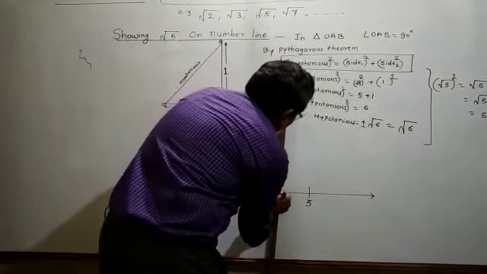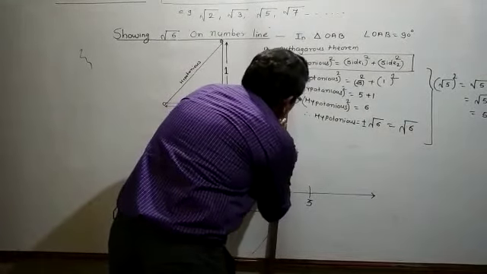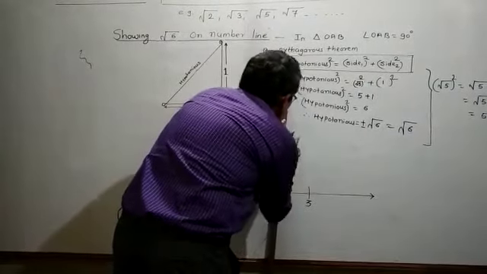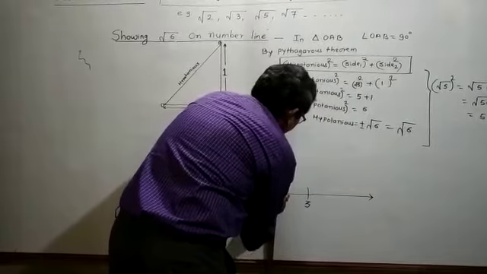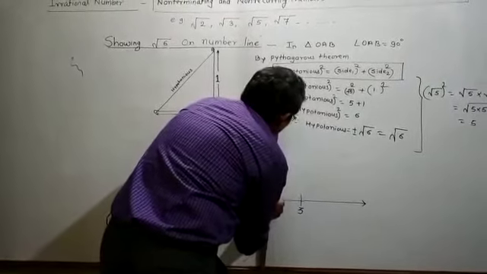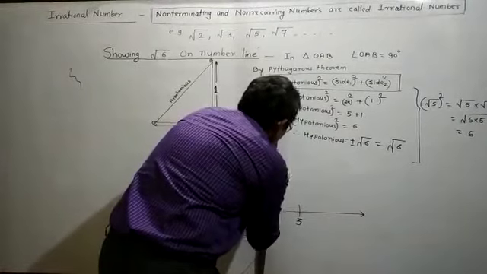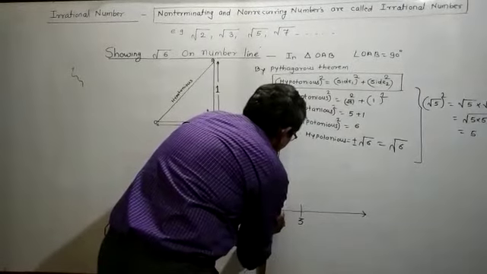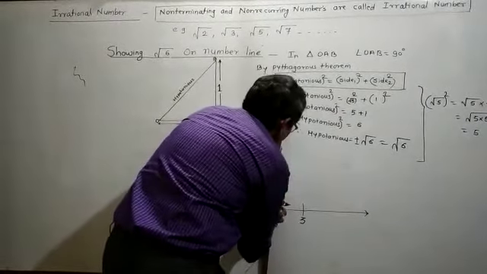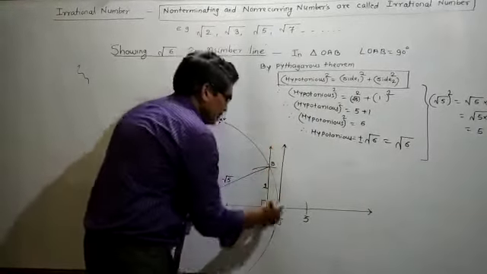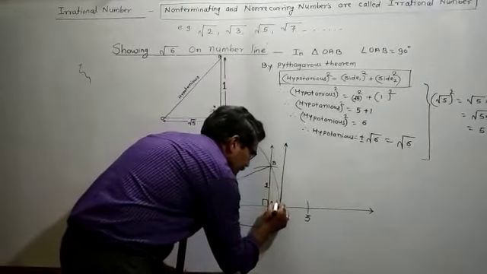This vertical perpendicular distance you have to draw like this. So this will make the right angle.